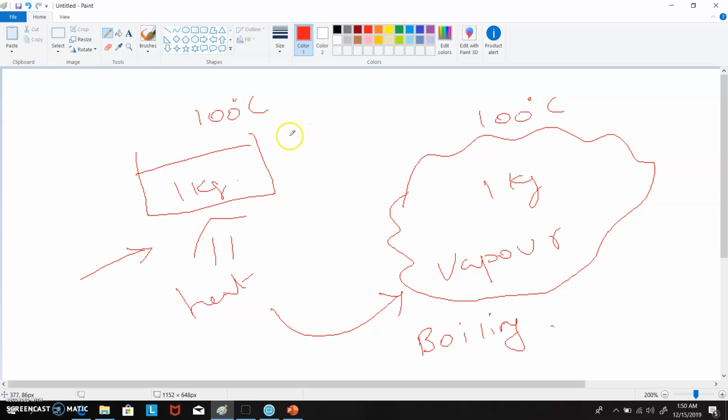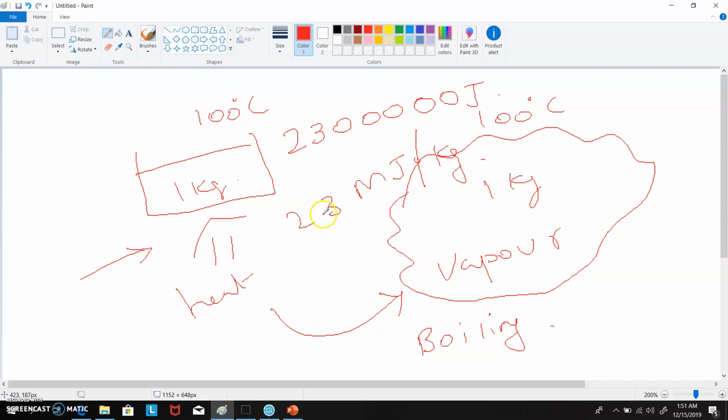Here how much heat is necessary? 2.3 million joules of energy per kilogram of water to convert it into a kilogram of vapor.